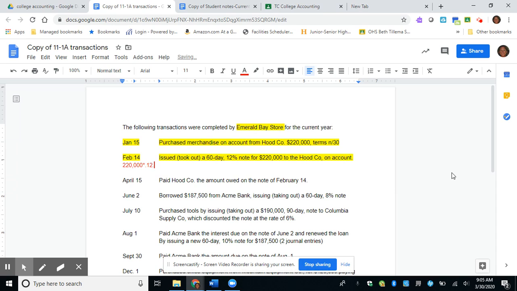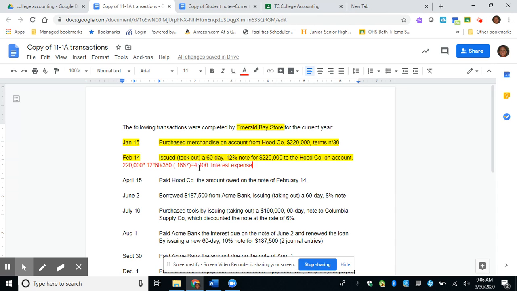And you are going to then multiply it by how much of a year, which is 60 over 360, which actually equals 0.1667. Now, if you multiply this all out, you are going to get 4,400 or so. And this is your interest expense.